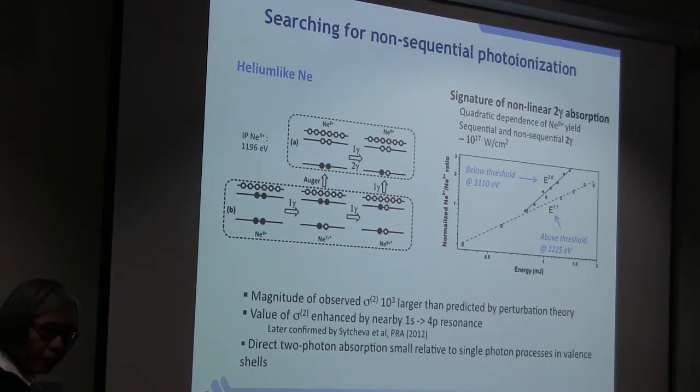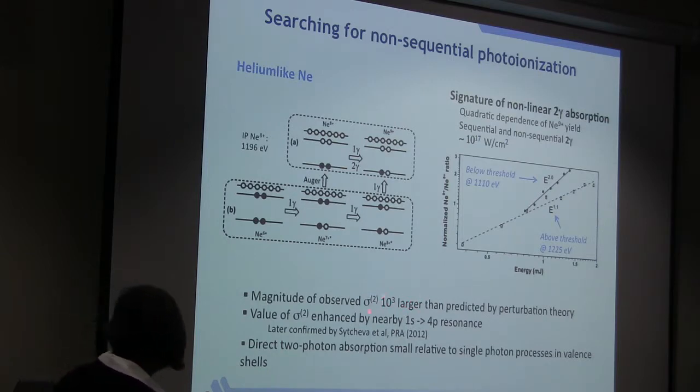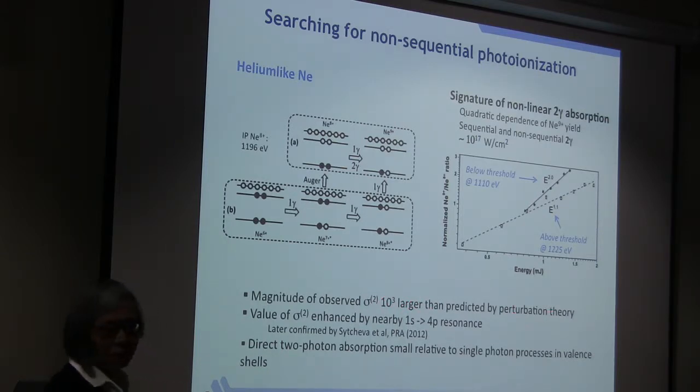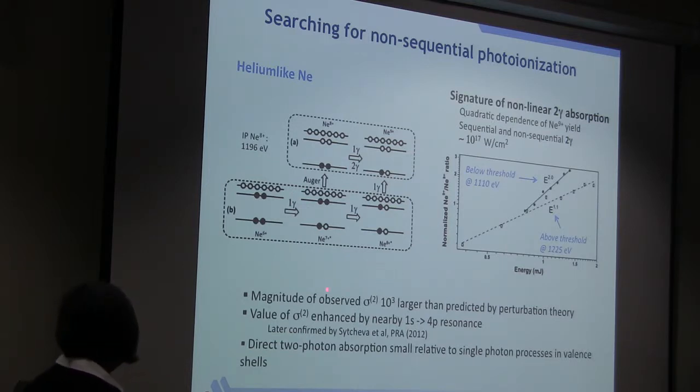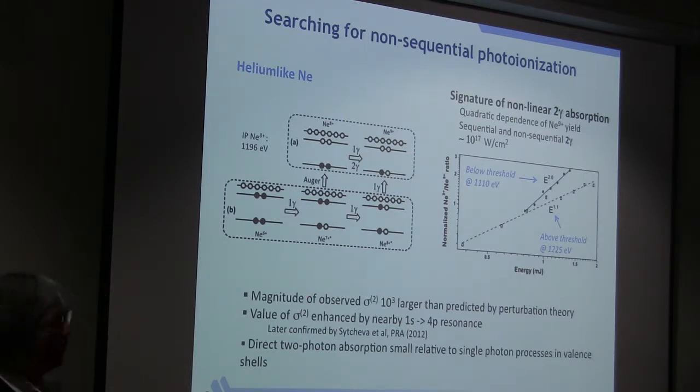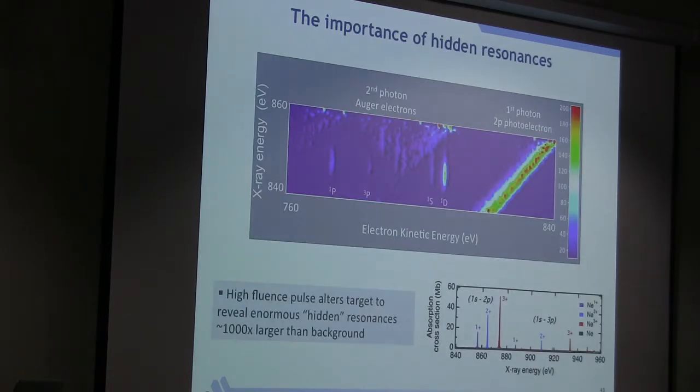So there are these two ways that actually contribute to this quadratic dependence. And the magnitude of this that was observed was 10^3 larger than predicted by perturbation theory. So this is a sign, right, that it's hard to see. And the value of this 2-photon cross-section was really enhanced because there was a resonance that was fairly nearby.